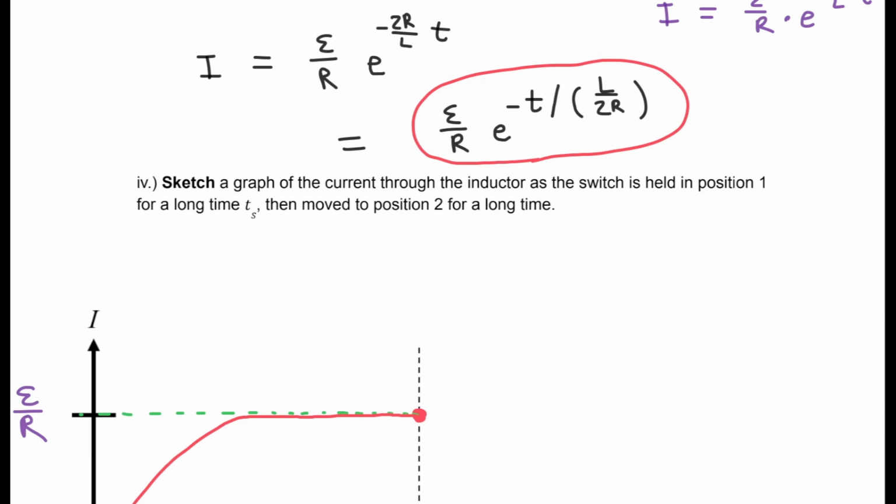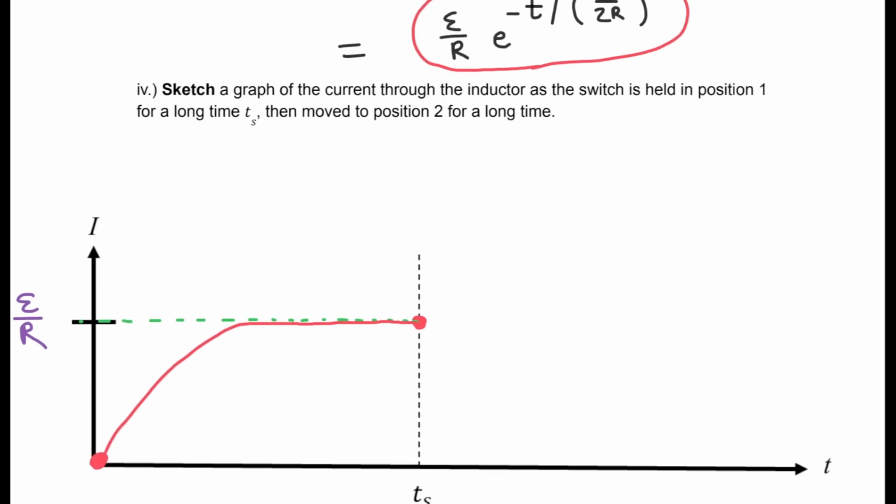And now we'll think about how to draw that. We know it's a decaying exponential. And just to pay really close attention to detail, our first time constant was L over R. But our second time constant was L over 2R.